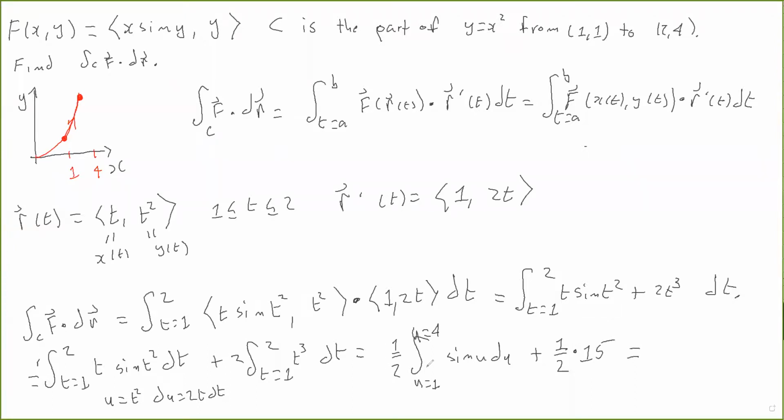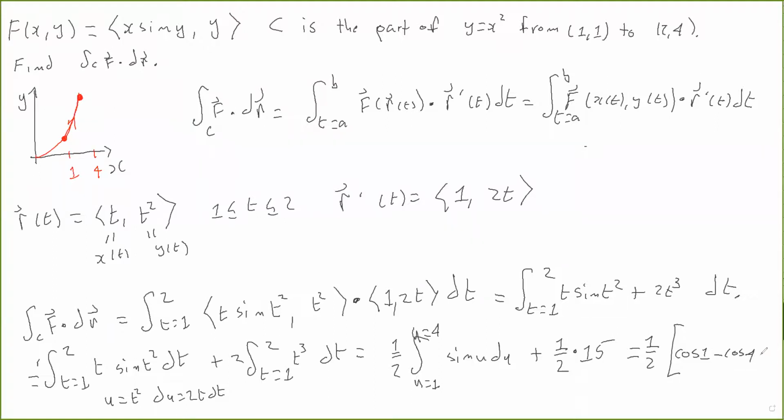Okay, now we can do this other integral. There's a 1/2 here. The antiderivative of sine u is minus cosine u. So the integral part, not the 1/2, is going to be cosine of 1 minus cosine of 4.